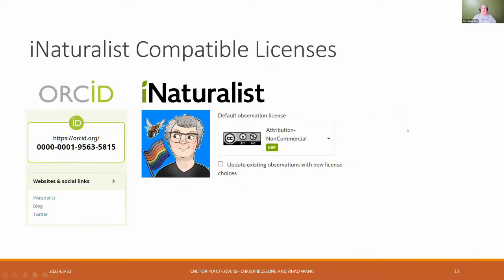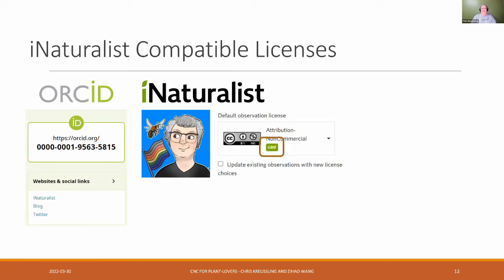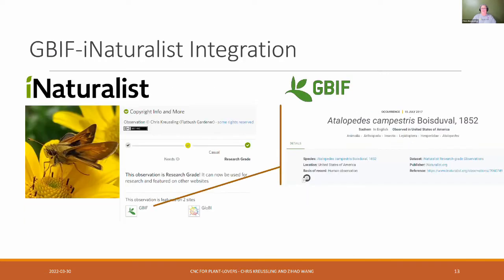There's a lot more information in GBIF than this. For example, my iNaturalist username is there as observed by. Because I have my ORCID, it'll also show observed by ORCID there. And it also works for identifiers.